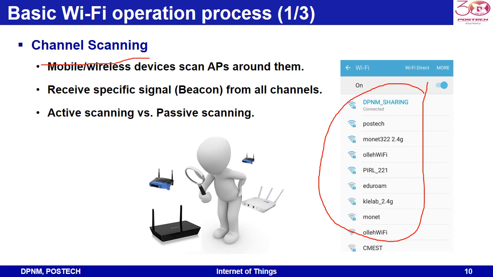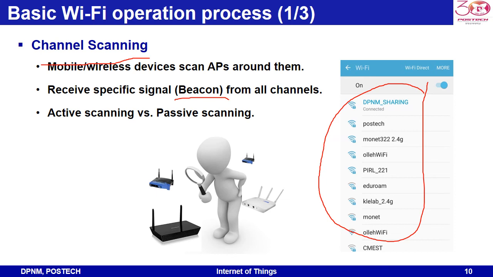It contains all the information about the network. Beacon frames are transmitted periodically to announce the presence of a wireless LAN. Beacon frames are transmitted by the access point in an infrastructure basic service set, or BSS.